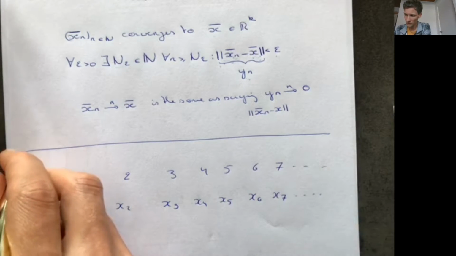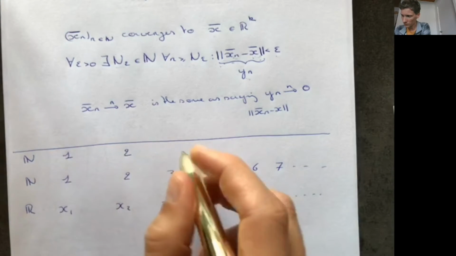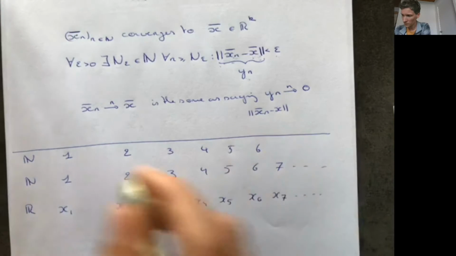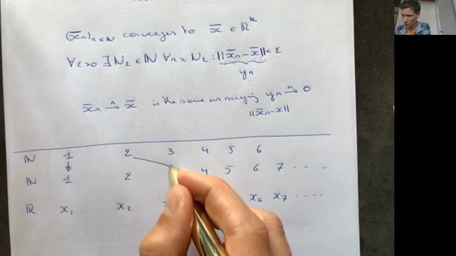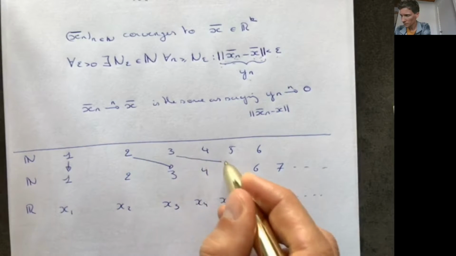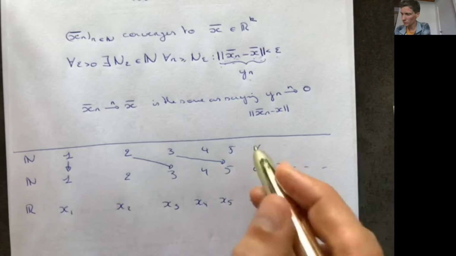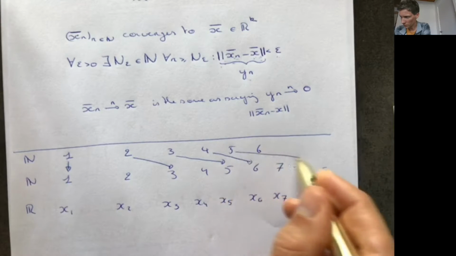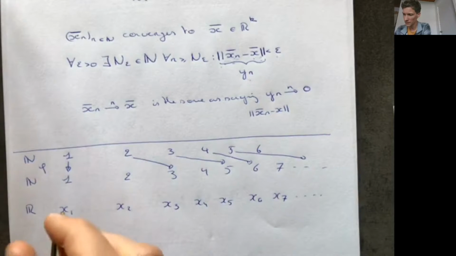So how did we envision a subsequence? Well, we again have the set of natural numbers, and we had a mapping from the upper natural numbers to the lower ones, such that none of these arrows crosses. For example, 4 goes to 6, 5 goes to 8, and so on. This was our function phi, remember.